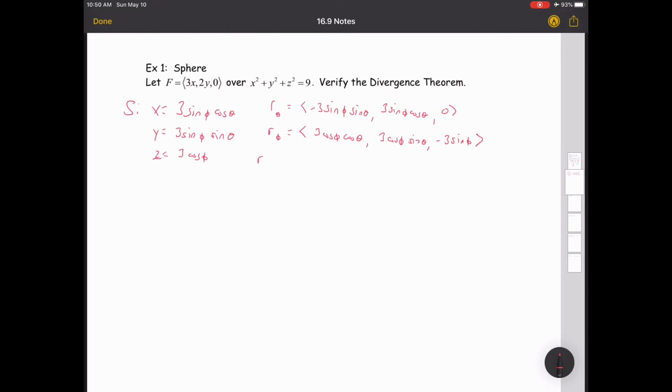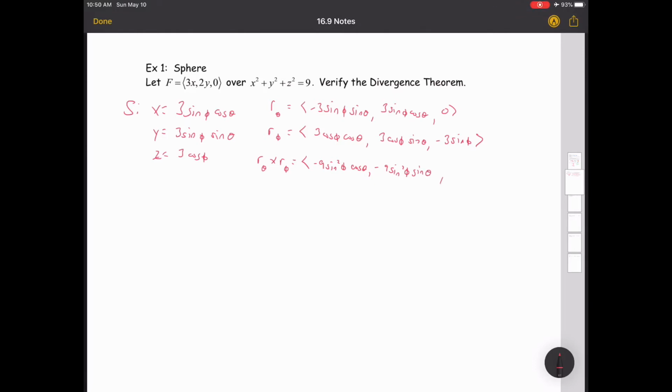All right, so let's do r sub theta cross r sub phi. Eliminating the i row and i column is going to give us negative 9 sine squared phi cosine theta. Eliminating the j row and column is going to give us, let's see, that's 9 sine squared phi sine theta, but we have to negate it, so it's negative 9 sine squared phi sine theta, because that was minus 0.